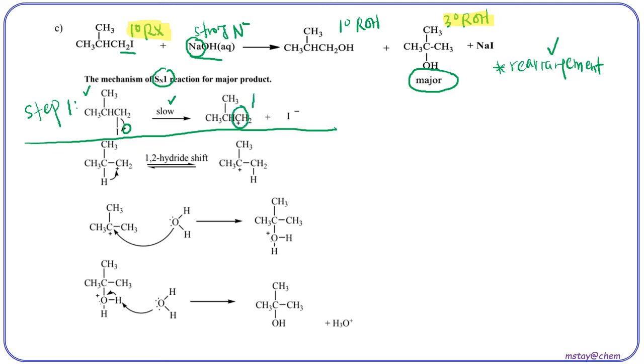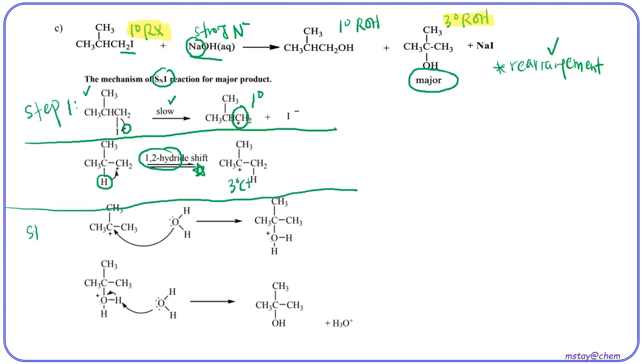This carbocation is a primary carbocation, and then will shift with the hydrogen here. So we label here 1,2 hydride shift with the reversible arrow, and then to form the tertiary carbocation. Okay, so the rearrangement is also under step 1.